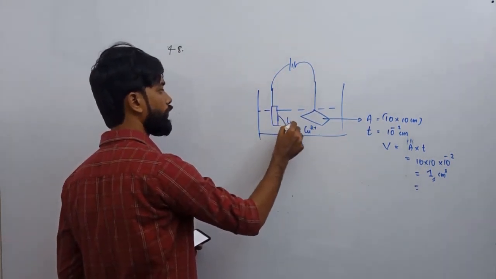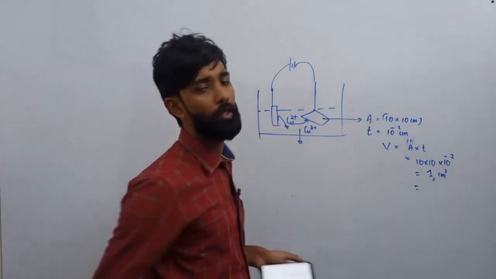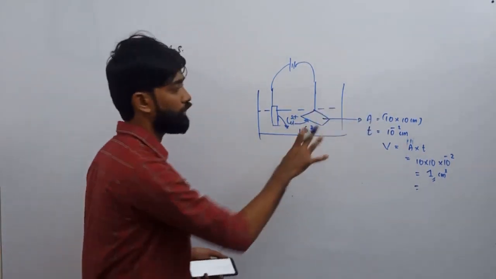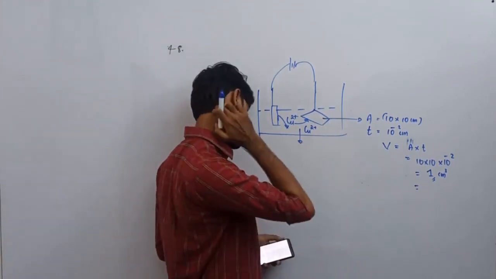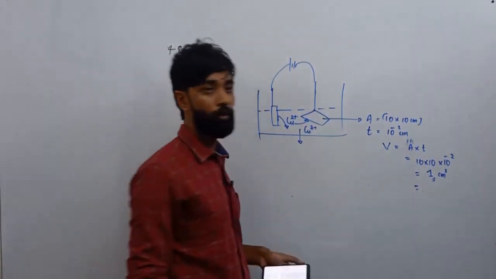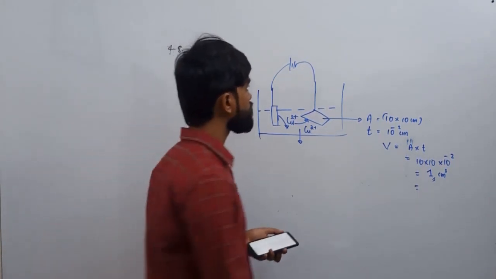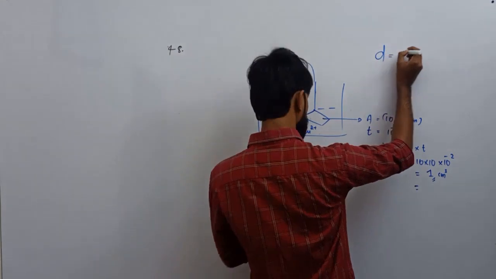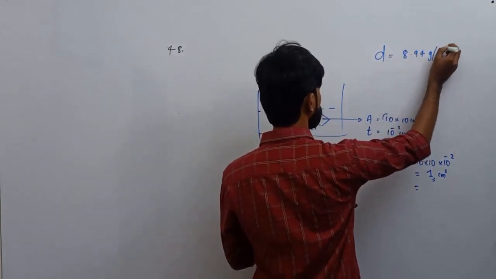From anode, Cu becomes Cu2 plus, and that Cu2 plus is deposited on the cathode, so that the plating will be okay. Listen, and the density is given here. The density is 8.94 gram per centimeter cube.